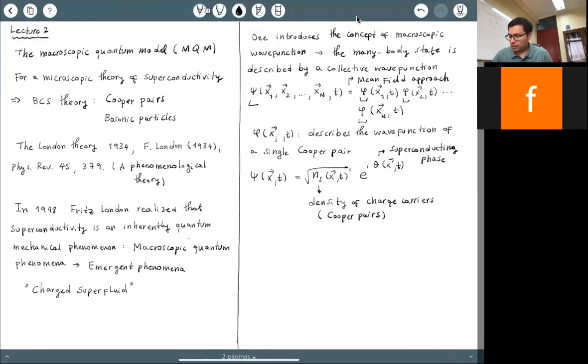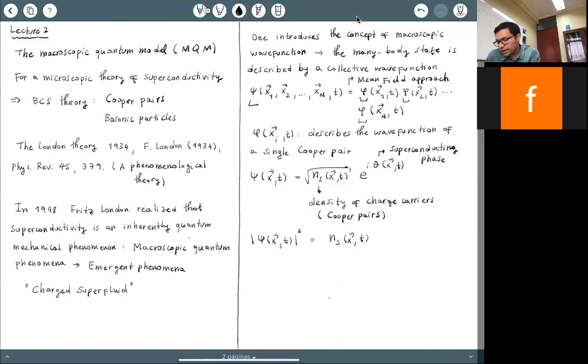This is the famous superconducting phase. Notice that if you take the norm of this wave function, this has to do with the density of charge carriers, exactly.